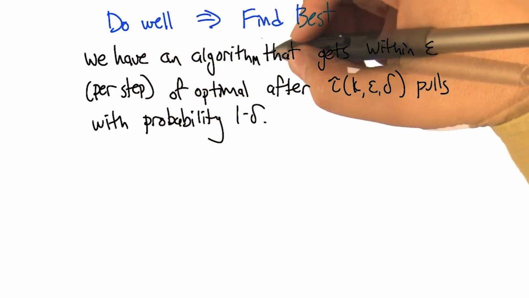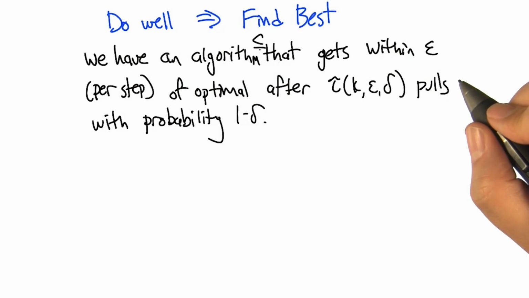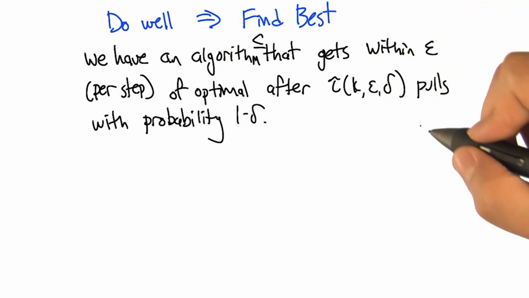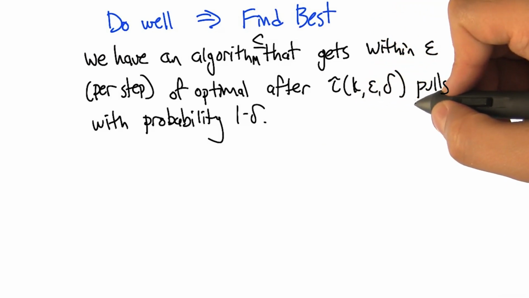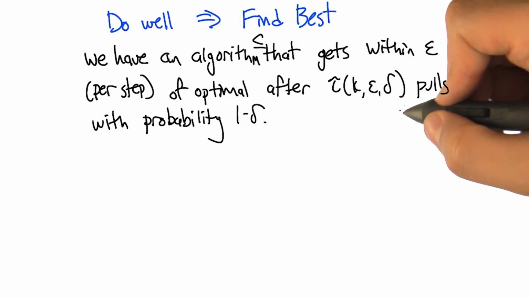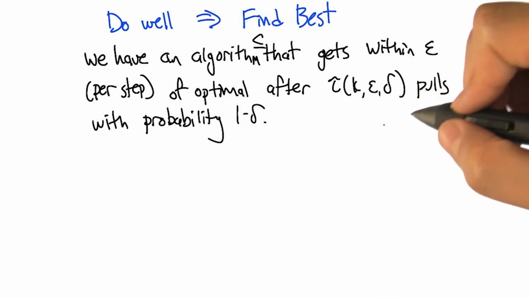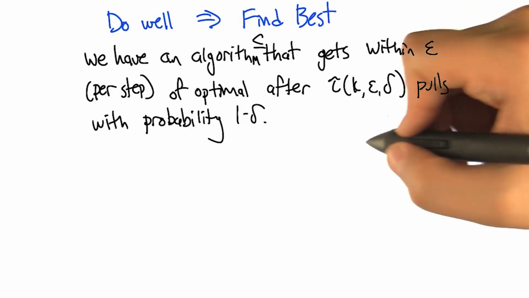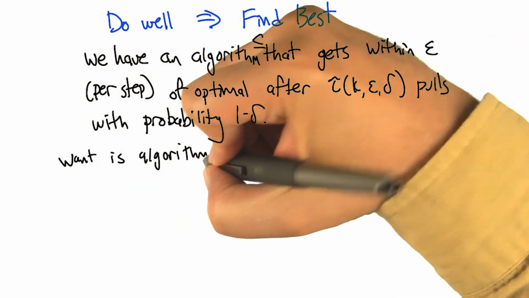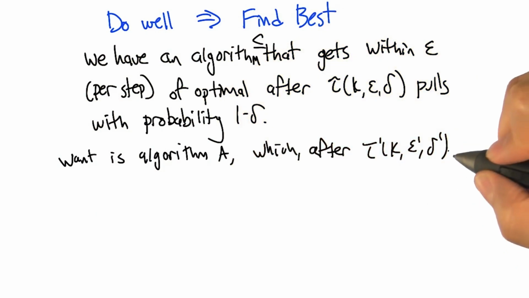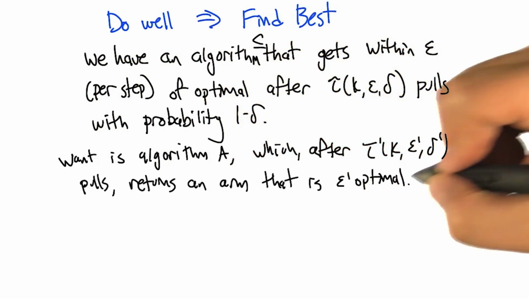We imagine we have an algorithm, and we were calling it C, I think, that gets within epsilon per step of optimal after some number of pulls with high probability. So after this tau, k, epsilon, delta pulls, the average reward that we've gotten is close to the average reward that you get if you were pulling the optimal arm on every step. And what we want is algorithm A, which after some number of pulls returns an arm that is epsilon prime optimal.